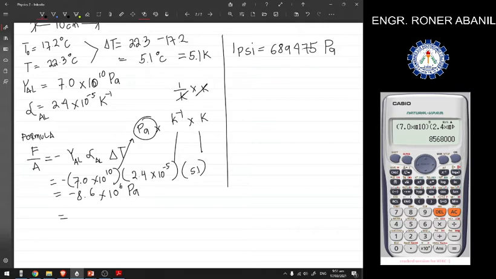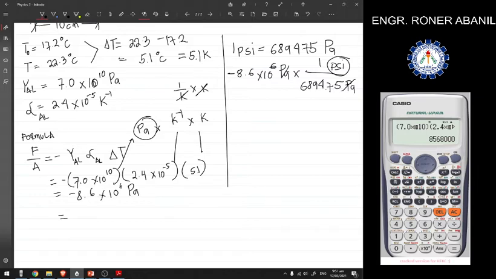So, i-convert natin, no? Magiging negative 8.6 times 10 raised to 6 na lang, Pascal. Multiply natin ng 1 PSI over 6894.75 Pascal. So, cancel 'to.